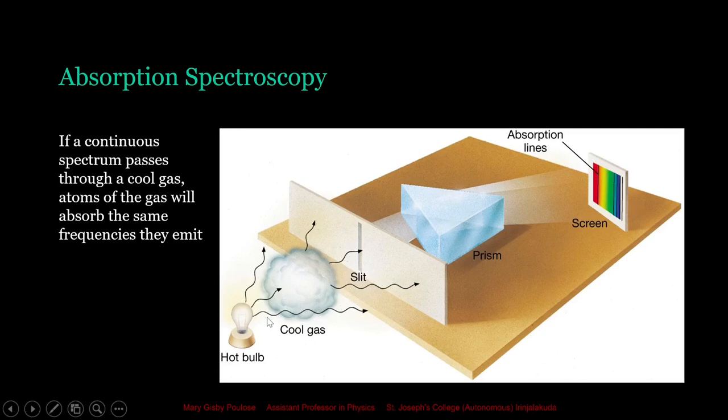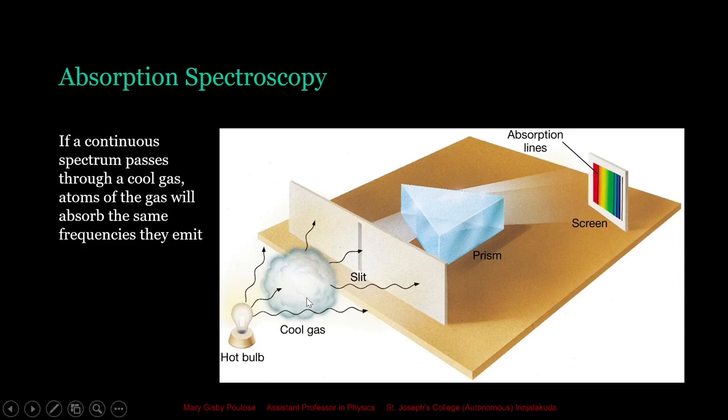Now here, what happens is that this hot bulb, when shined upon this gas, is a continuous spectrum. It has almost all the wavelengths. When this is passed through the cool gas, the gas gets excited. It is excited by absorbing particular wavelengths. That gas will absorb only its characteristic wavelengths to get excited.